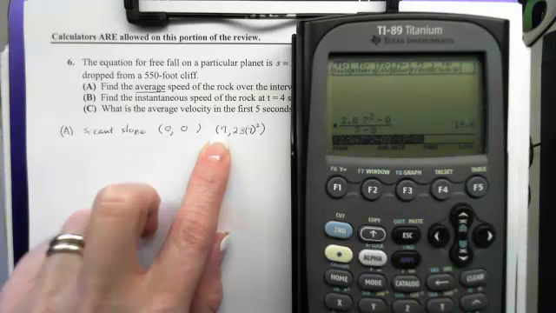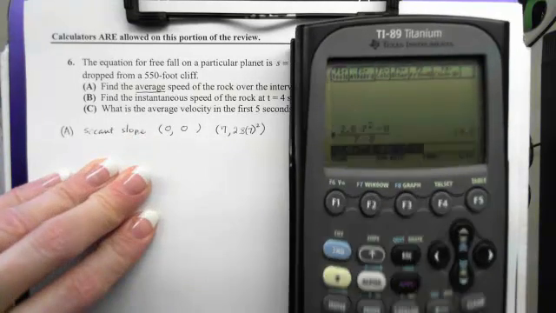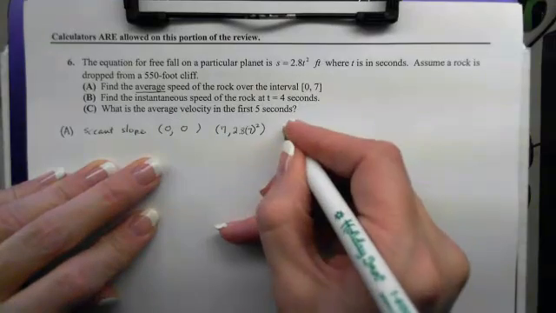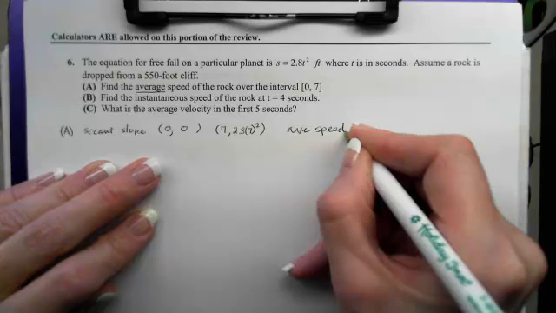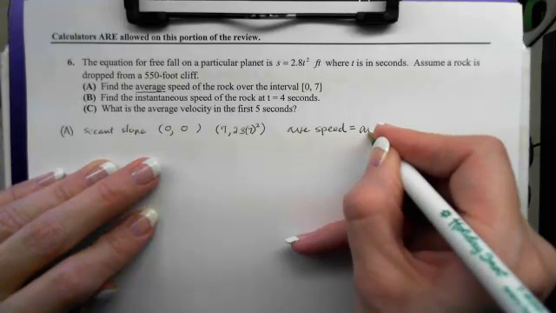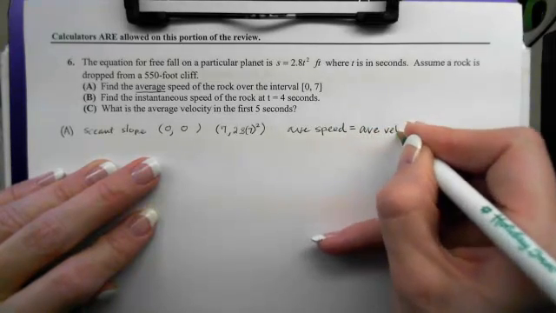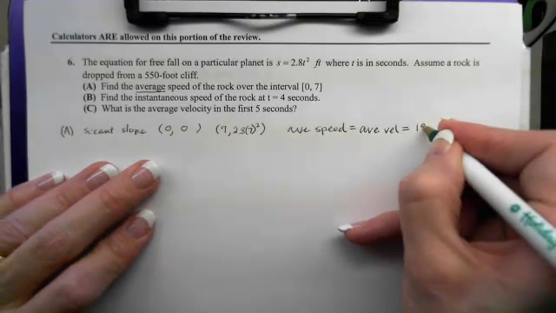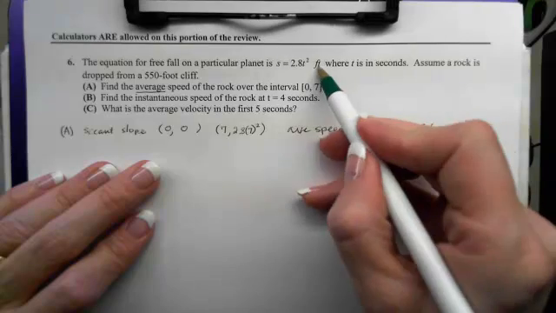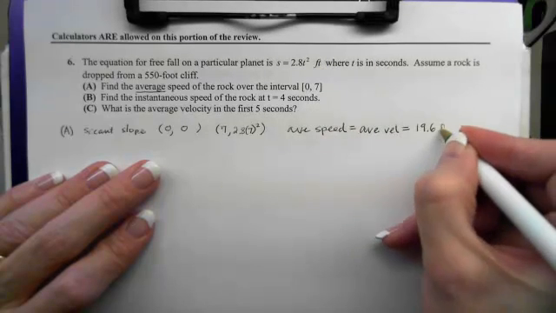Hit enter, and I see 19.6. So the average speed, notice it was a positive number, so I don't have to take the absolute value. That average speed is the same as the absolute velocity, 19.6 feet per second.